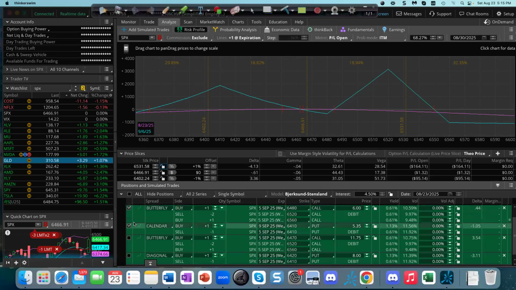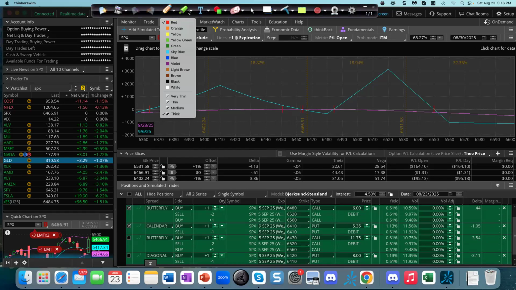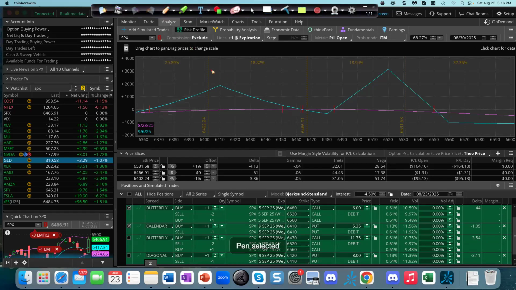A Cal fly is a combination of a calendar and a butterfly. If you look at this example, you can see the calendar. The calendar is at 64.10, and you can see the logistics. We're at 64.66.